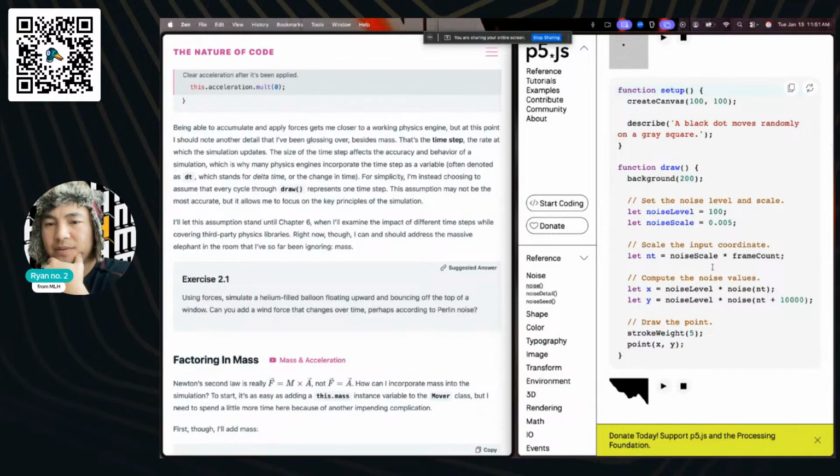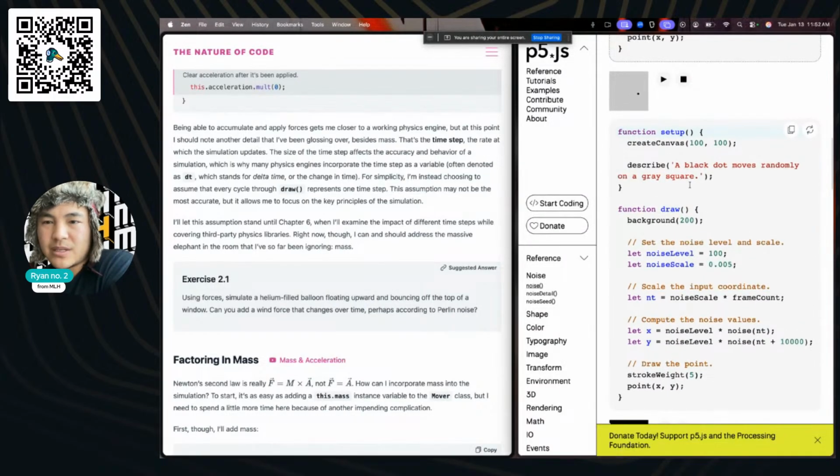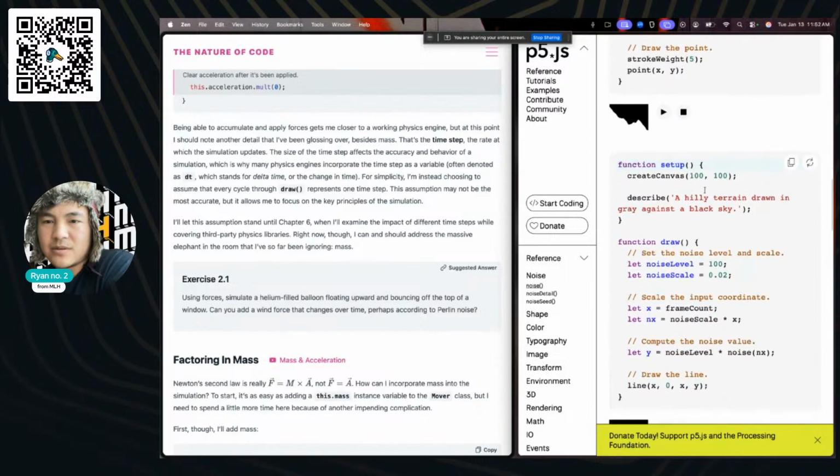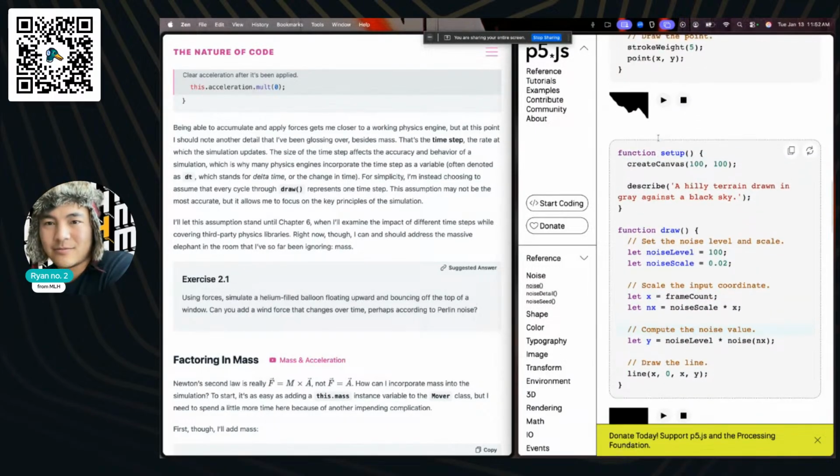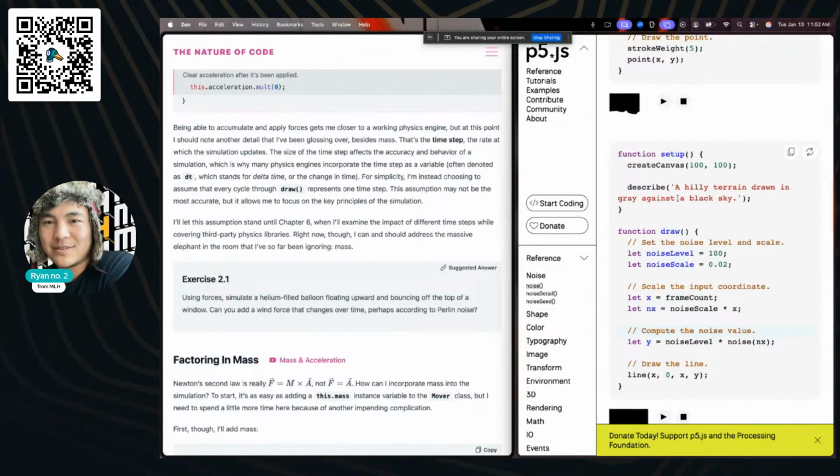So previously when we've done this, we've needed to extract out the noise outside of the setup function. So the noise level and scale, black dot moves randomly on gray square, a hilly terrain. Yes, this is one of the really cool examples of Perlin noise. It's very satisfying. Okay, anyway, let's see what it is that we need to copy over here.